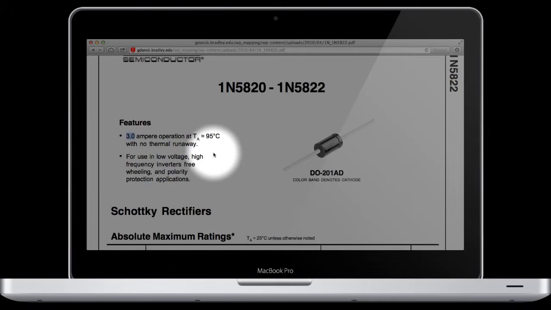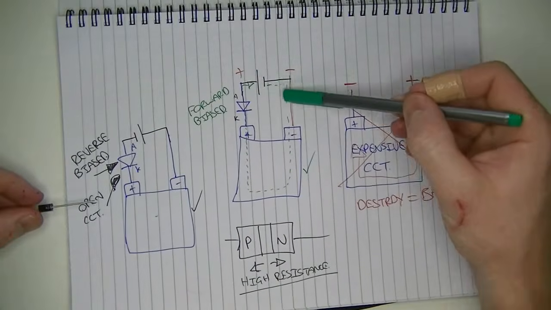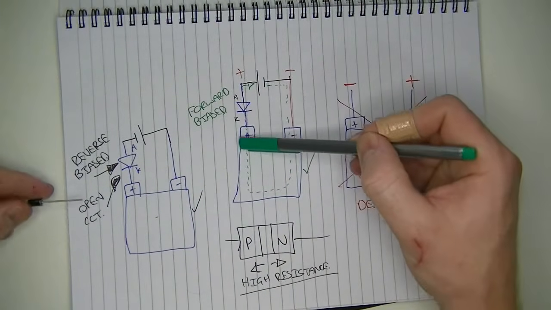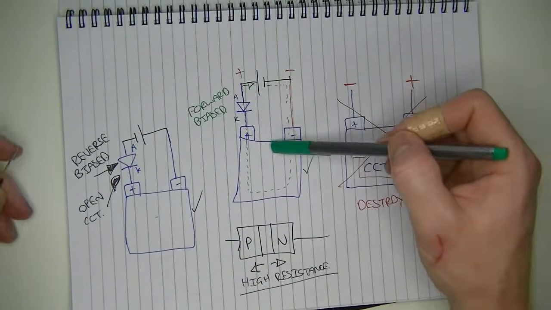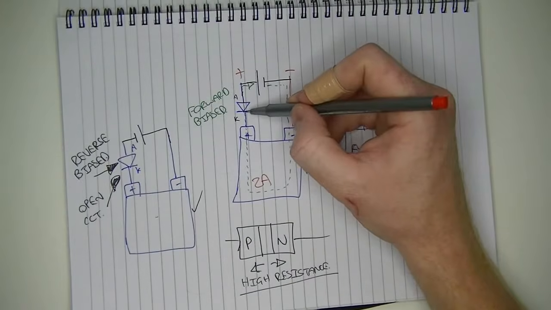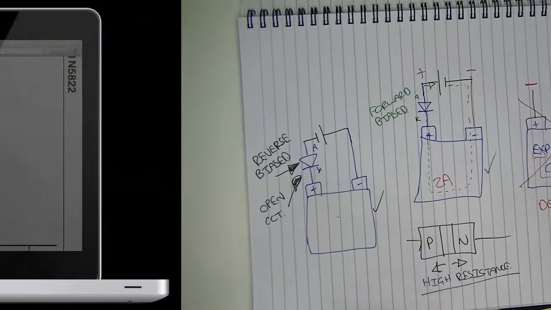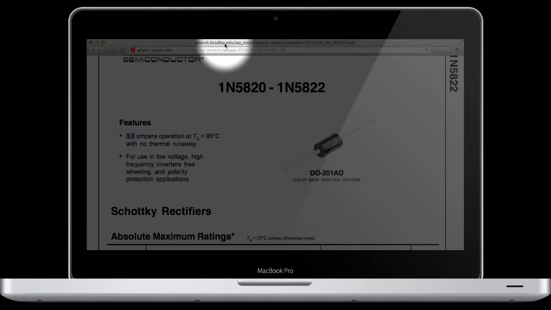So this is important because if you have a look here, all of the current that goes through your circuit will be flowing through that diode as well. So if your circuit was drawing 2 amps, you need to make sure that this diode can handle at least 2 amps. In this case, I recommend this particular diode because this one can handle 3 amps. So this one you've got plenty of room to move.